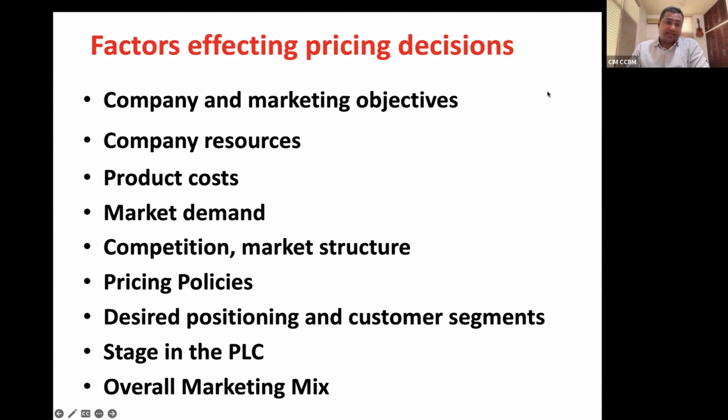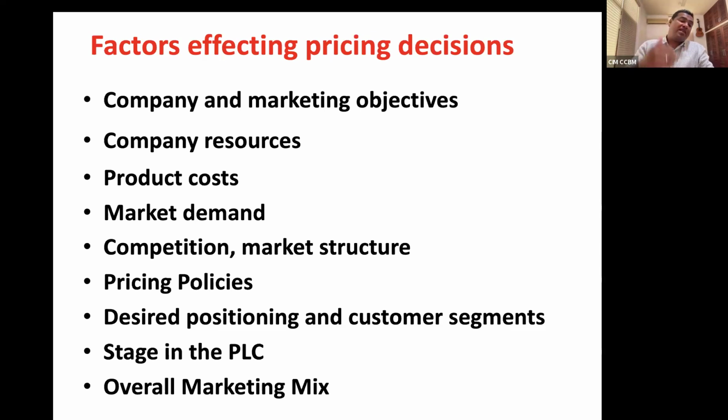factors affecting pricing decisions. When you are deciding on a price, you have to understand the company's objectives. You have to understand the resources, the costs, the demand it has in the marketplace. You can also look at the pricing policies, pricing objectives, stage in the product life cycle.